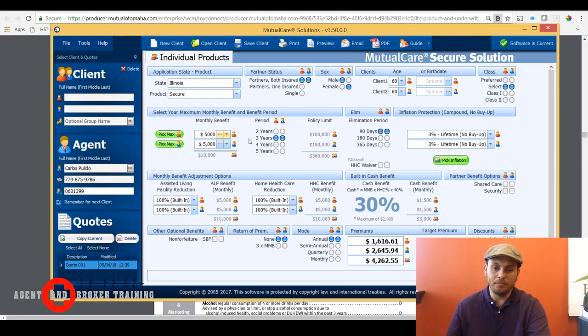Okay. Some clients, as they get older, want to retire to somewhere south. Southern states tend to be a little bit less expensive with long-term care. So maybe they want to go 3,800 because they know they're going to be moving to Texas or Georgia or something like that.